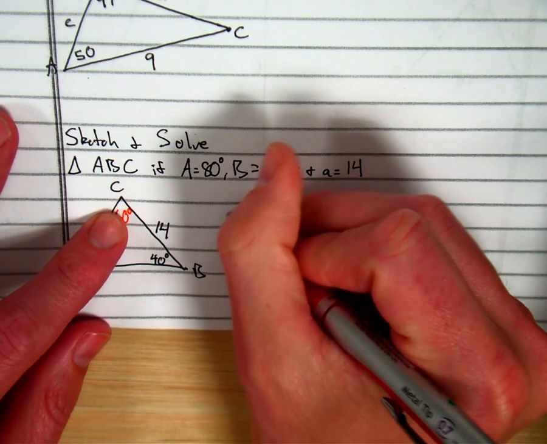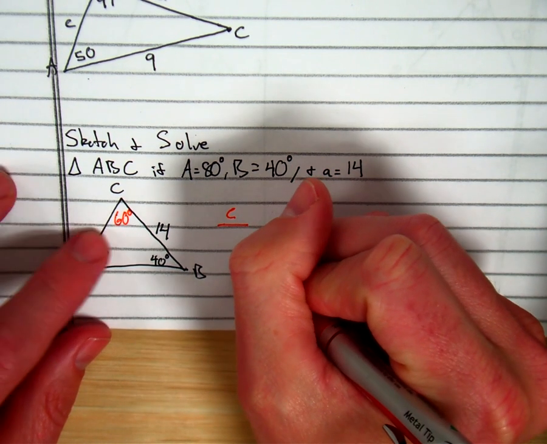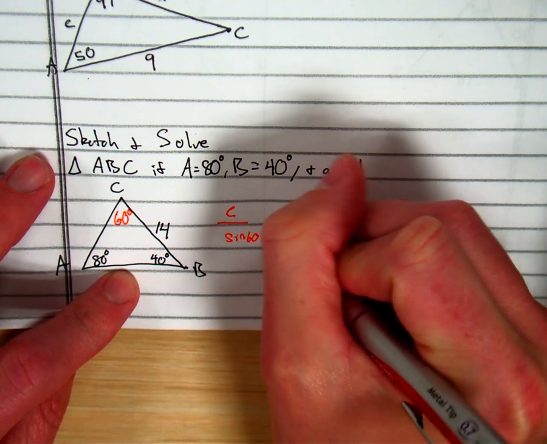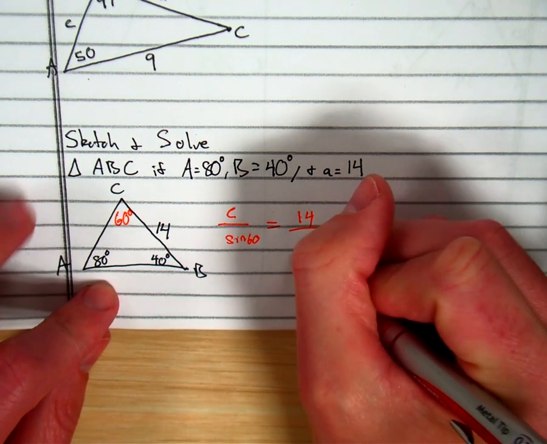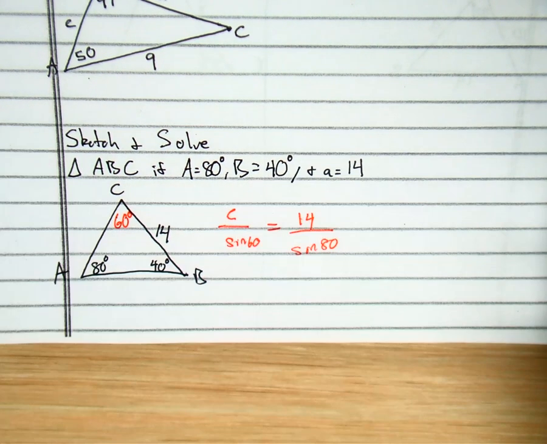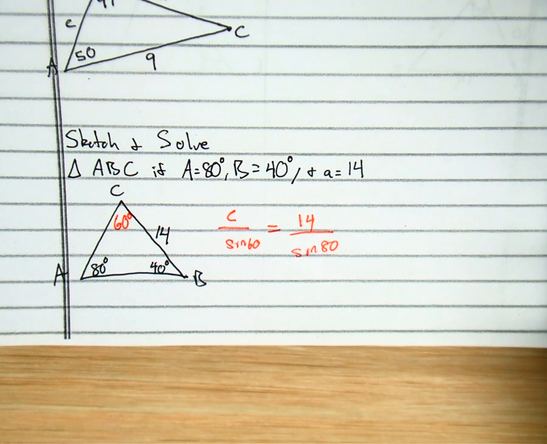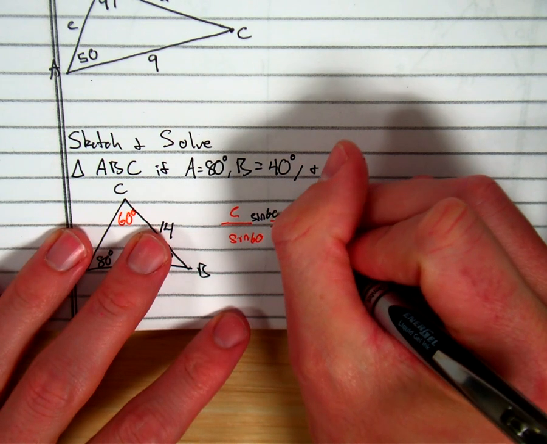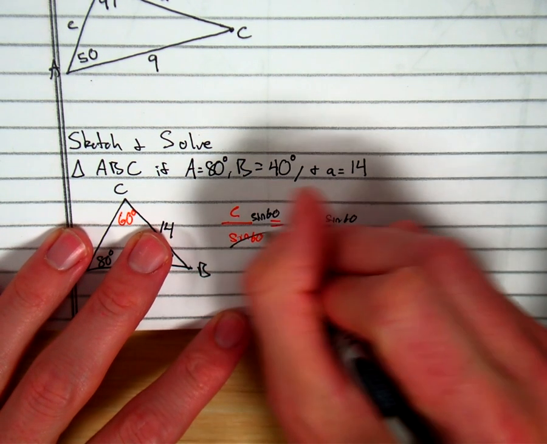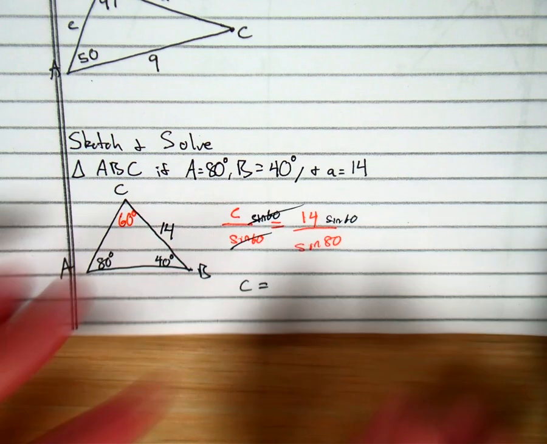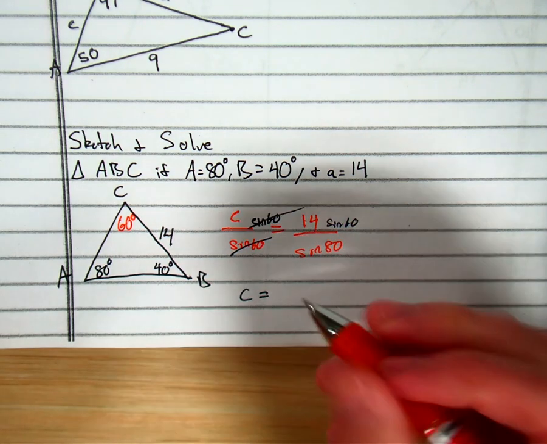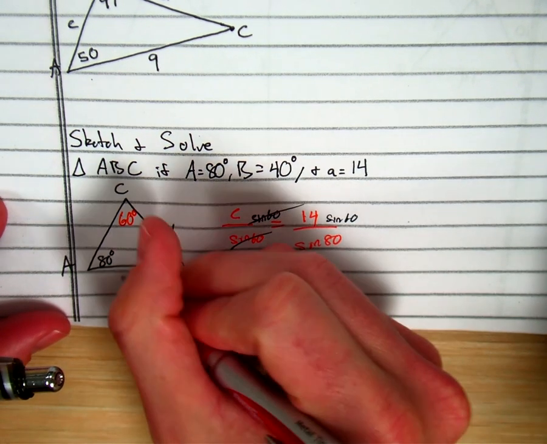Let's go C over sine of 60 equals 14 over sine of 80. We're going to multiply both sides by sine of 60. And what do we get? 12.3.